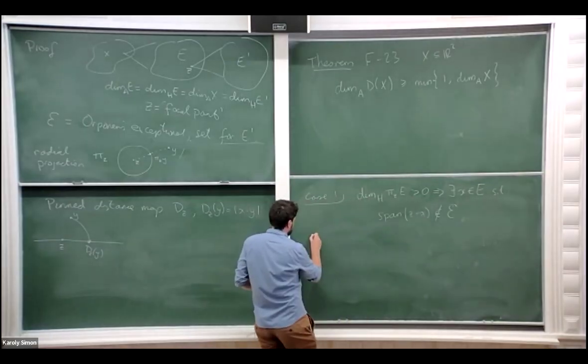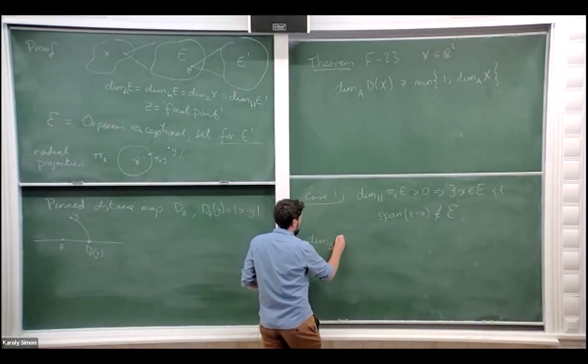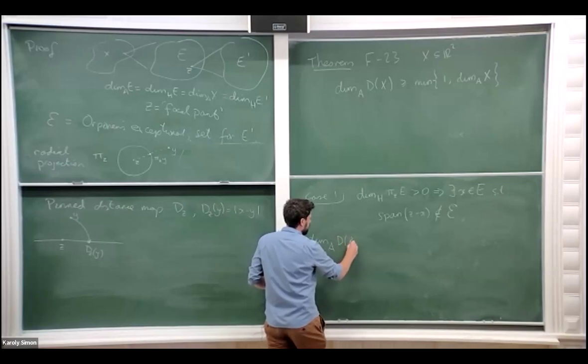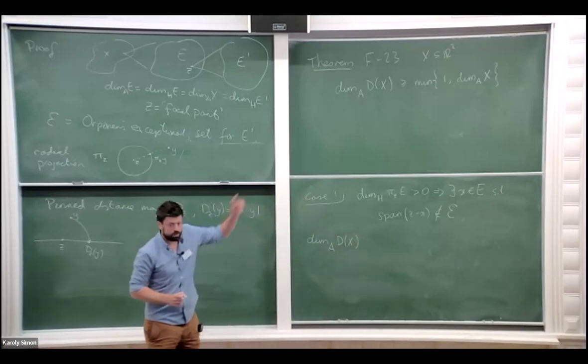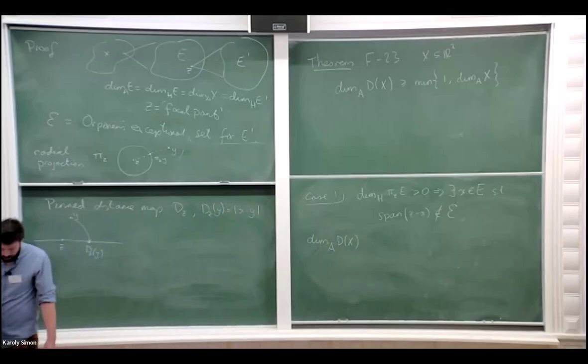So I want to bound the Assouad dimension of the distance set of X from below. Right, that's what the theorem tells me I should do. Now, how did I prove the projection theorem for Assouad dimension in higher dimensions using Can, Macchioglia, Rossi?